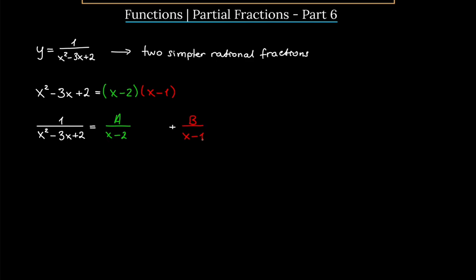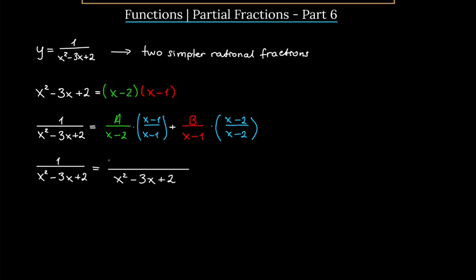Here, on the right-hand side, what we want to do is to combine the denominators, meaning making it into one. So that means, for the first rational component, we need to multiply both the upper part and the lower part by x minus 1. And for the second simpler rational function, we need to do the same, but this time it will be x minus 2.